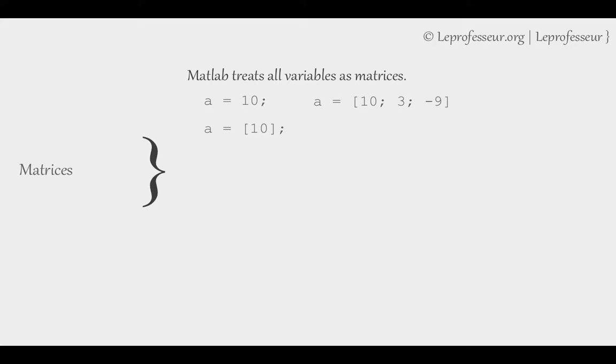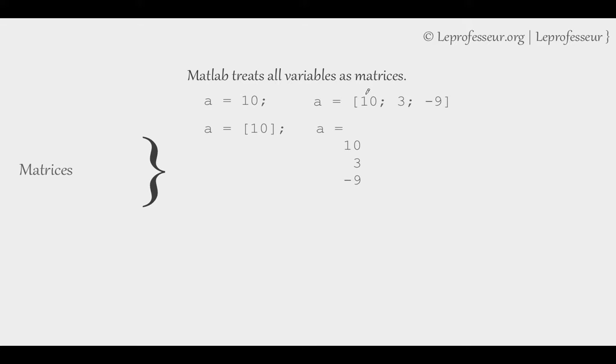That it's a column matrix having just one column and 3 rows: 10, 3, minus 9. So remember here that we have put semicolon, okay, semicolon. So that makes 10 a row.